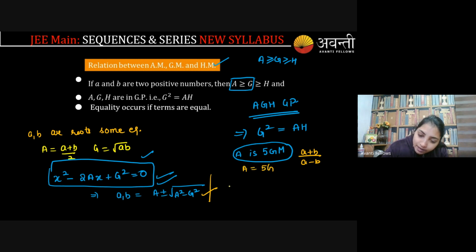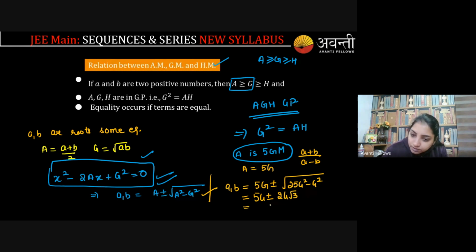It means A and B is equals to 5G plus minus under root 25G square minus G square, divided by nothing I need. So it will be 5G plus minus under root 24G square. 24 will be written as 4 into 6, so 2G under root 6. So you can see G is outside: 5 plus minus 2 root 6. Got it or not?